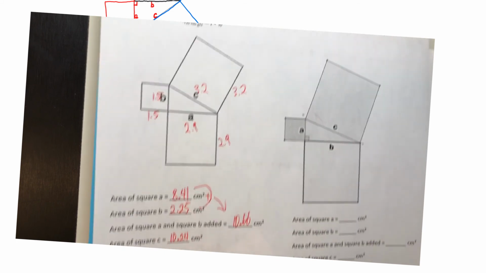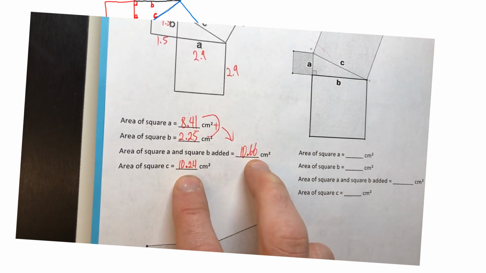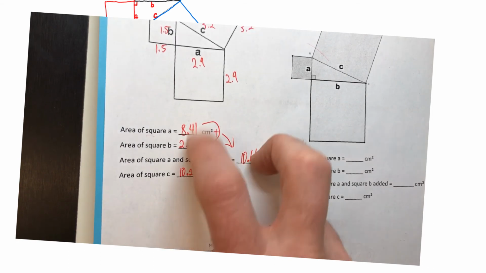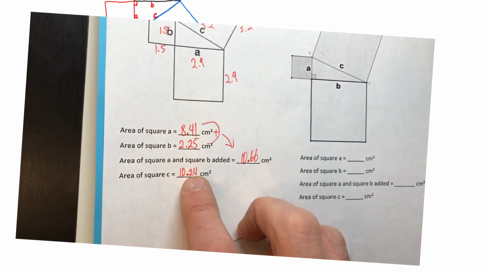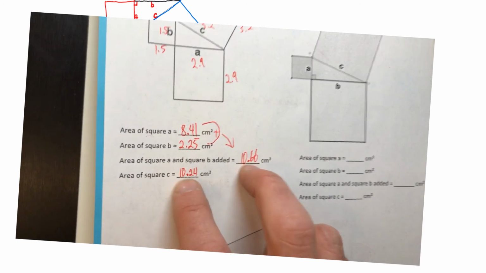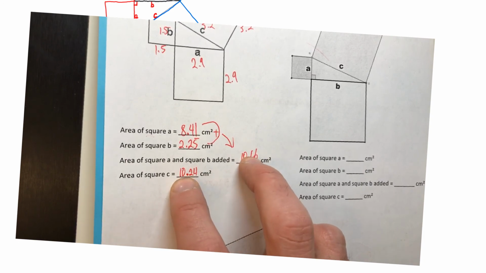Whoops, sorry. There we go. 10.24. And the reason these are not exactly the same is because we're definitely rounding here, all right? These are actually falling kind of in between. But in practice, in theory, these should be exactly the same. Okay, if we were to measure more precisely, these would be way closer to being equal.